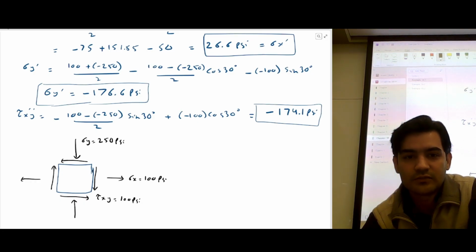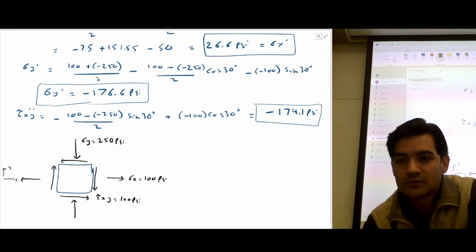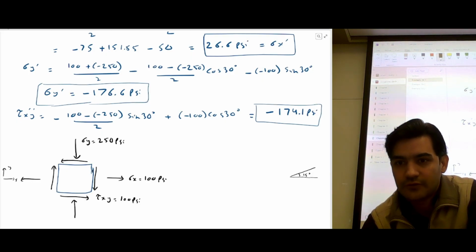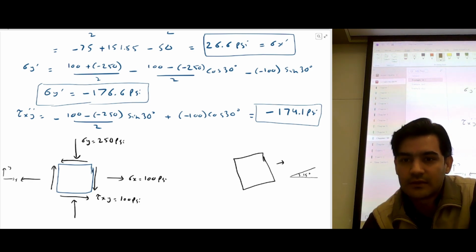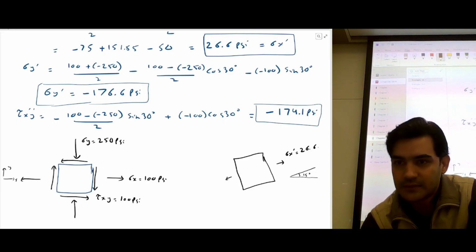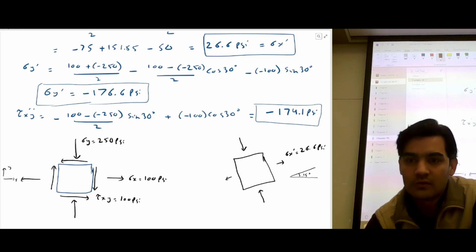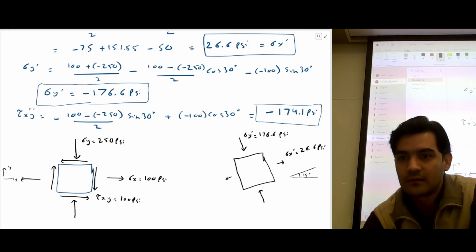And when you do the stress transformation, this was the coordinate axis, this is x, this is y. So we want to do the rotation at 15 degrees, right? If you do the rotation at 15 degrees, this stress is reduced to 26.6 psi, and the compressive stress is also reduced, and the transformed stress along the y-axis at 15 degrees is 176.6 psi.